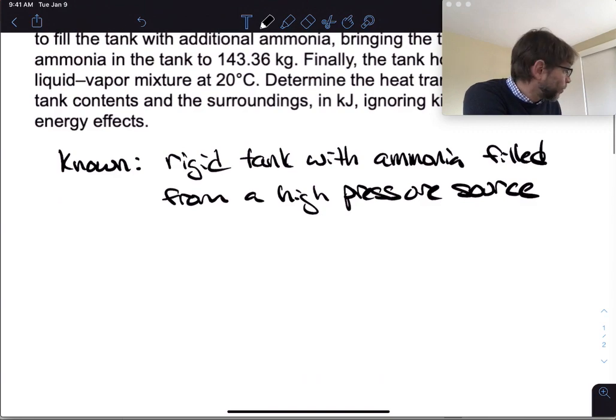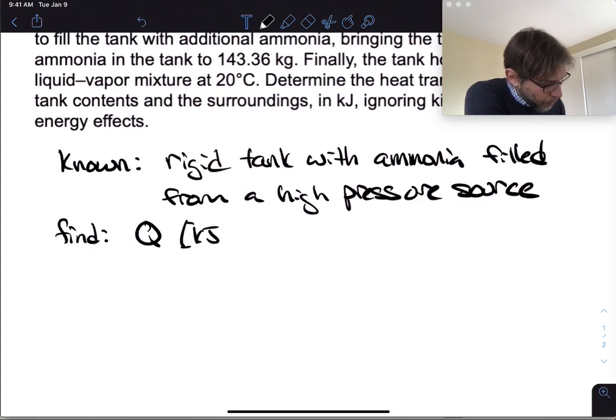And we've got the same objective: to find the heat transfer, find Q in kilojoules.